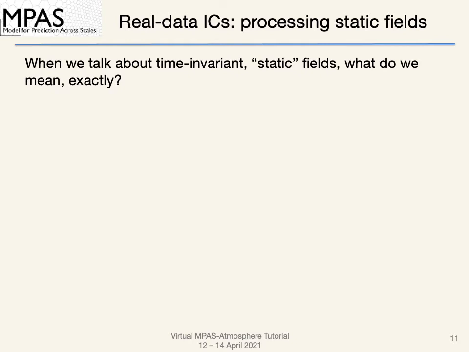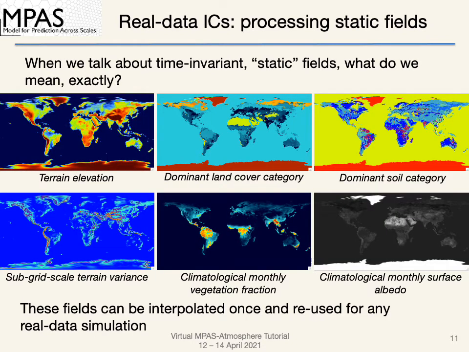And we already mentioned briefly what we mean by these fields, but it's helpful to take another look. So when we talk about static fields, we're talking about things like terrain elevation, or the dominant land cover category, or the dominant soil category, or things that are used by various parameterizations in the model, like the subgrid scale terrain variance that's used by a gravity wave drag scheme.